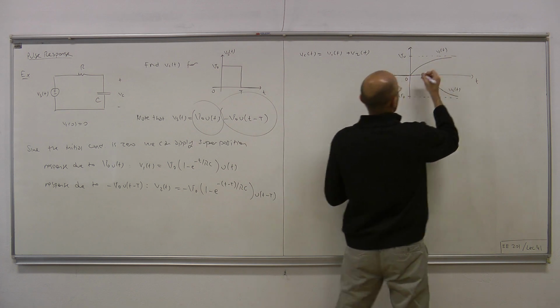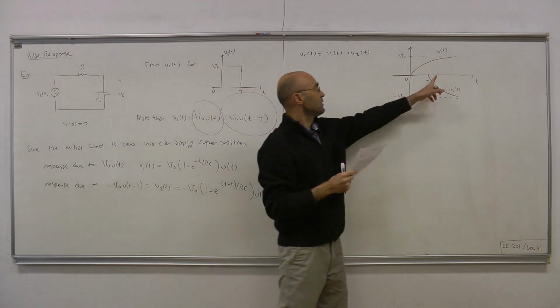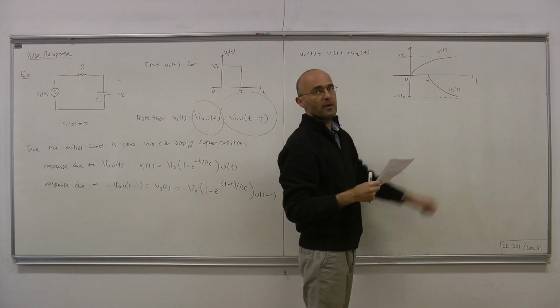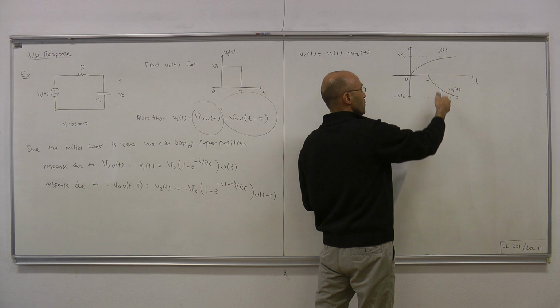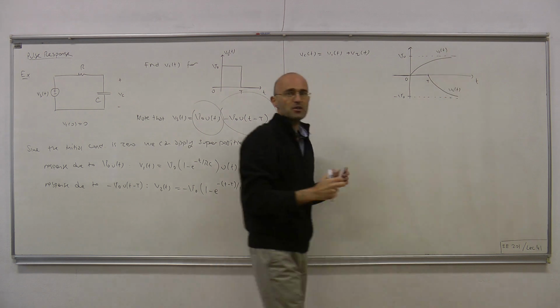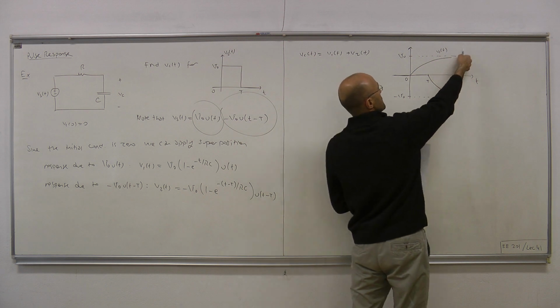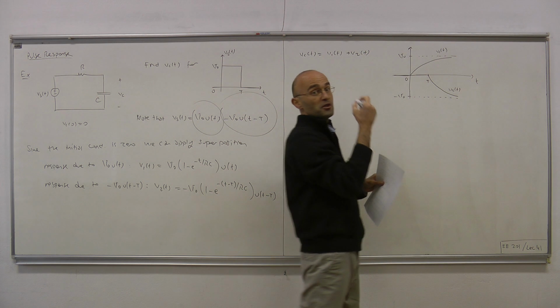Everything will be just like V1 until t equals capital T, because V2 is 0 at that point, or V2 is sleeping. And then from capital T onwards, V2 of t starts pulling things down. In the limit, this is taking us V0 units up, this is taking us V0 units down.